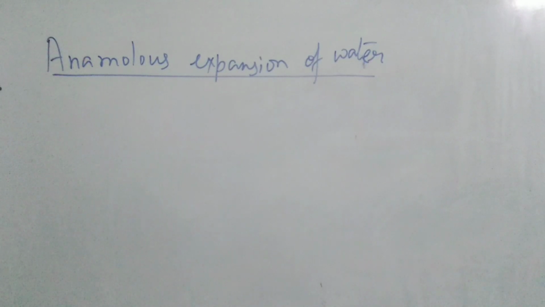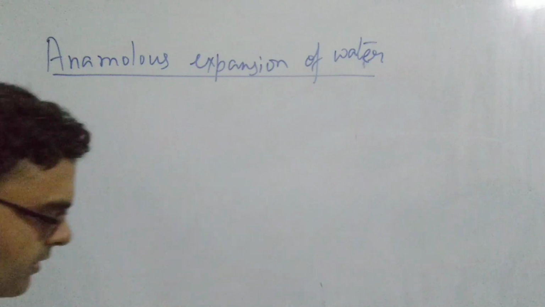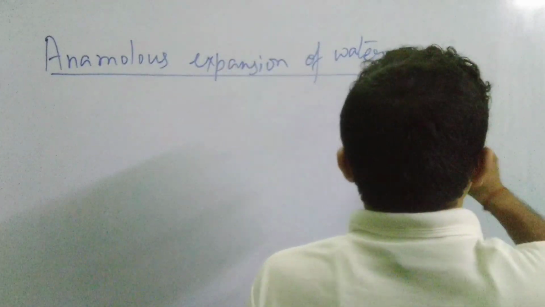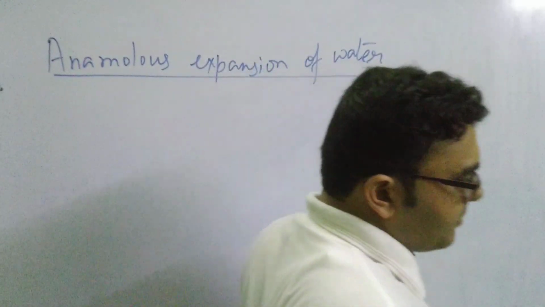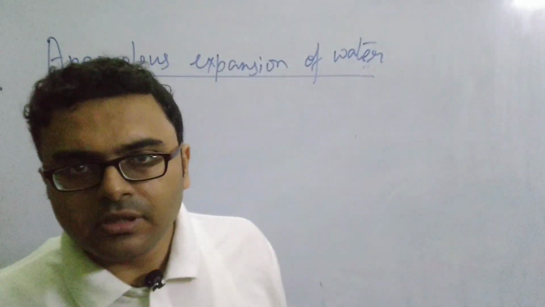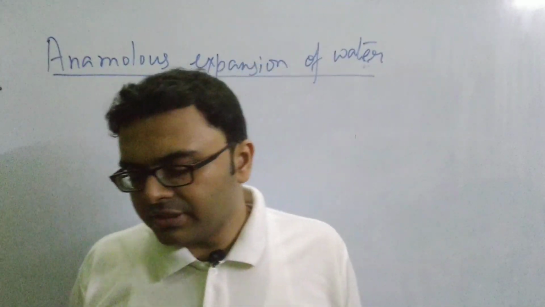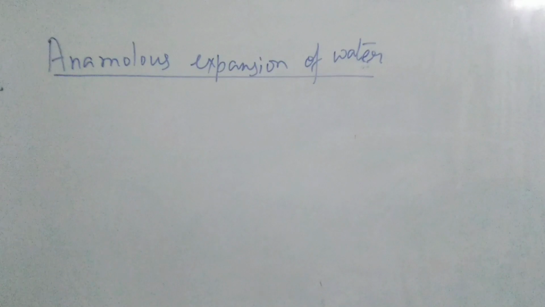Basically, see what happens when some substance is cooled. In the previous class, you have learnt about thermal expansion. That is, when we heat a substance, it expands to a certain extent. Now, what will happen if a substance is cooled?